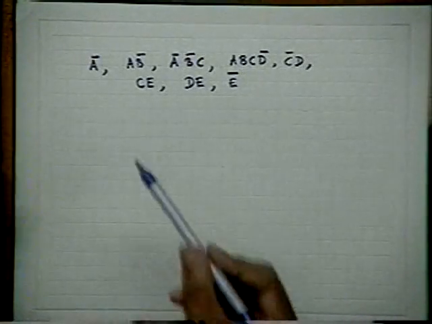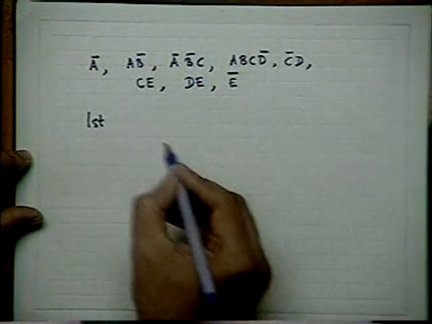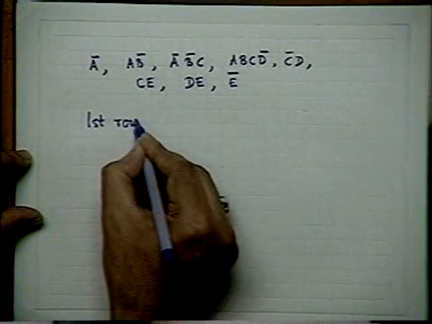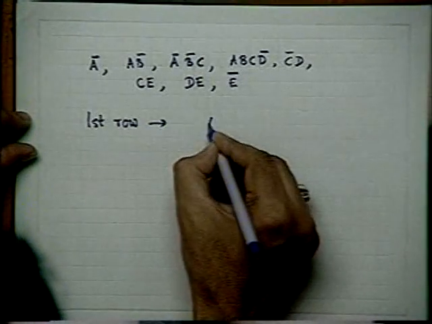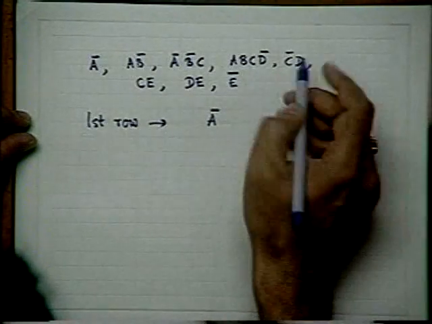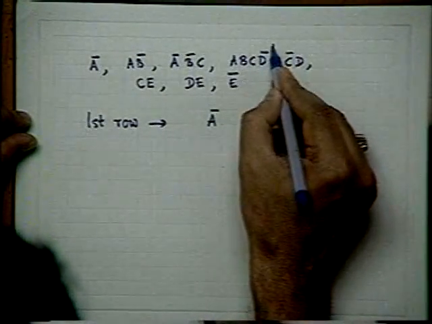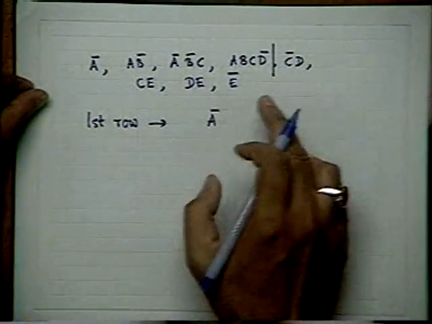Then what I do, I split the rows like this. I make the first row like this. On one side, the left side, I keep A bar. And on the second side, that means I divide into 4, the 8 outputs are divided into 4.